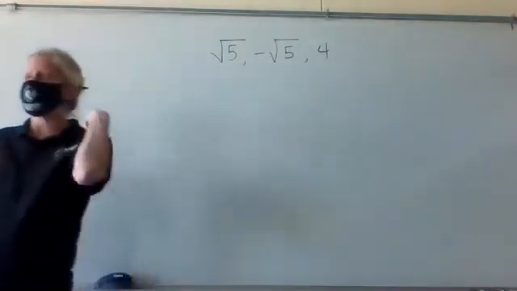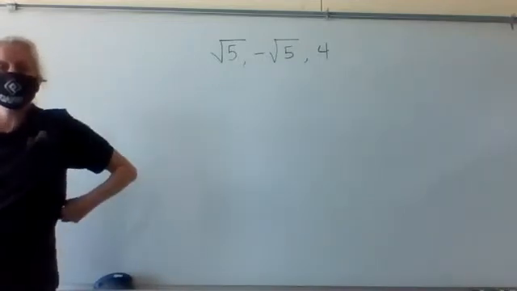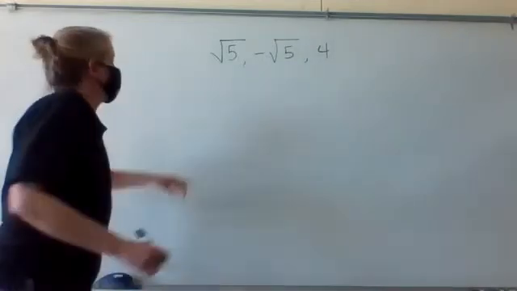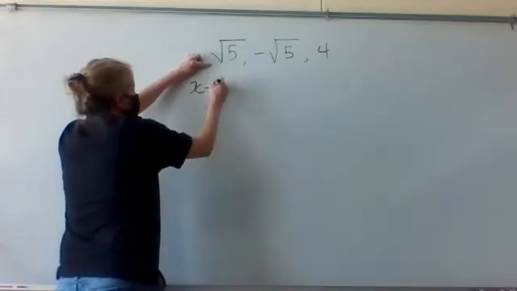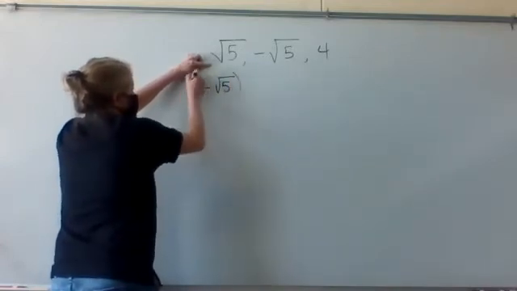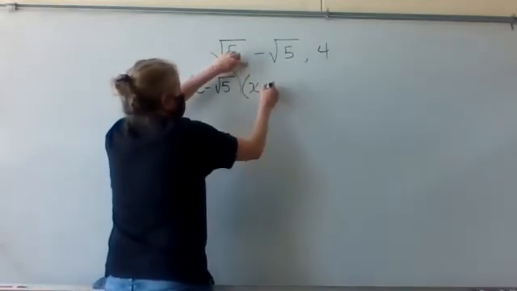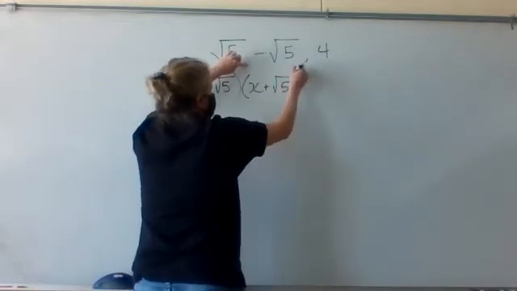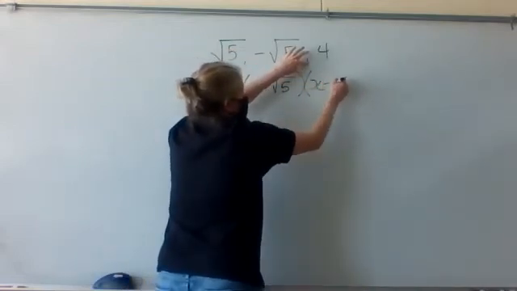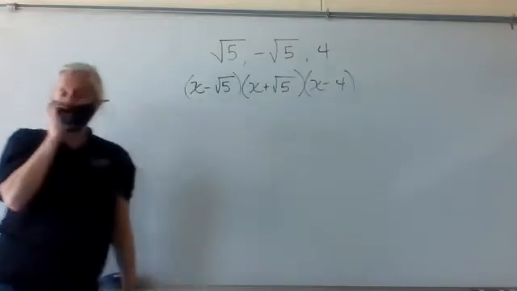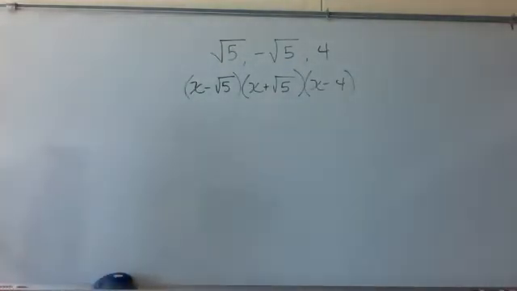So first of all, turn the zeros into their factors. So this one will be x minus the square root of 5, x plus the square root of 5, and x minus 4 will be its 3 factors.